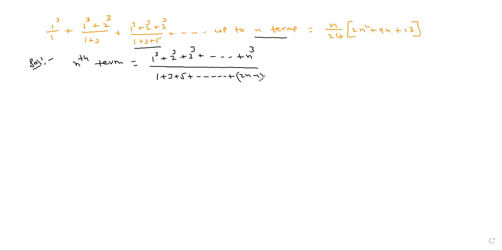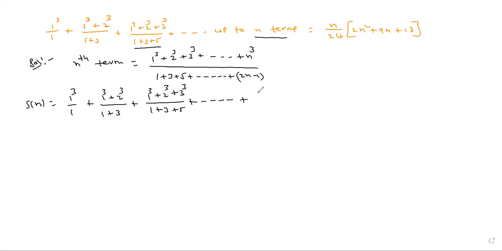Okay, simple. Now rewrite S of n. First step, you find the nth term. After that, rewrite the given question by taking S of n: 1 cube by 1 plus 1 cube plus 2 cube by 1 plus 3 plus 1 cube plus 2 cube plus 3 cube by 1 plus 3 plus 5 up to so on plus.